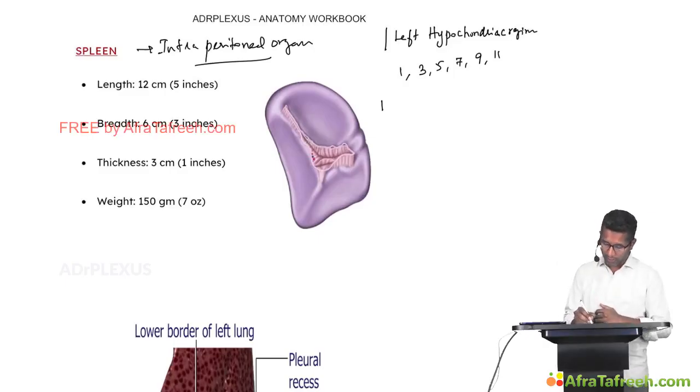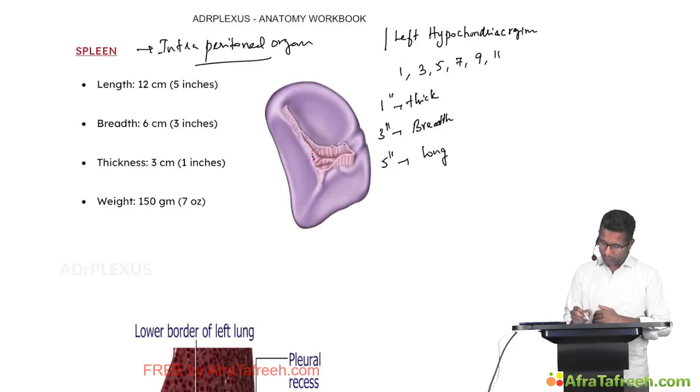So the spleen is 1 inch thick. The breadth of the spleen is 3 inches. The spleen is 5 inches long, and it is 7 ounces in weight.